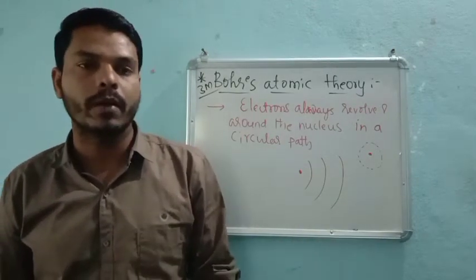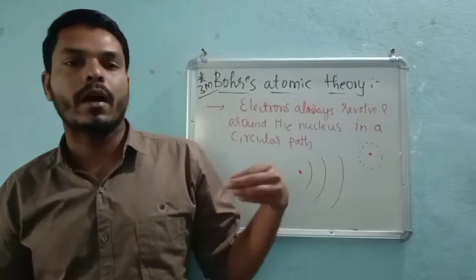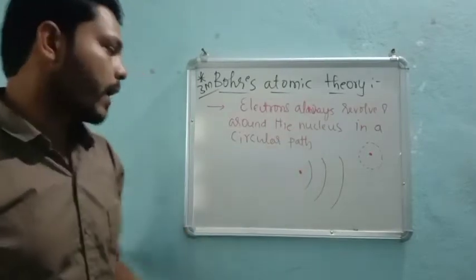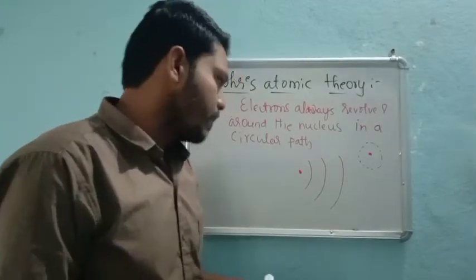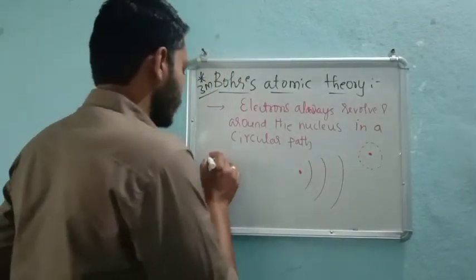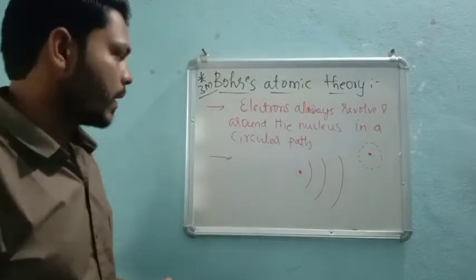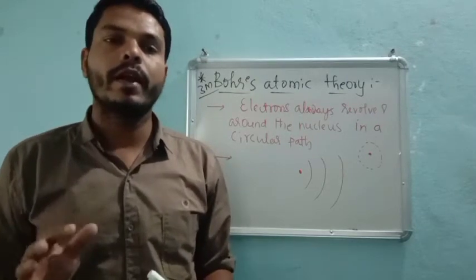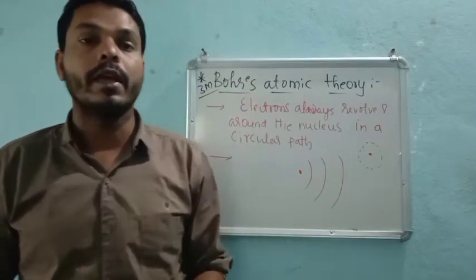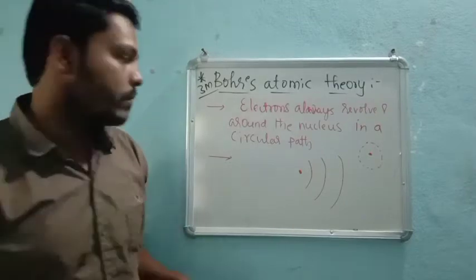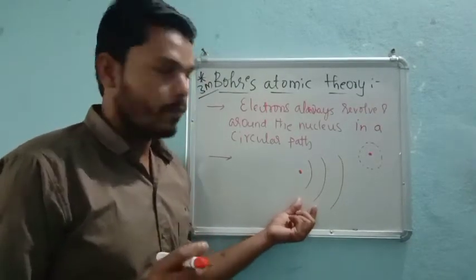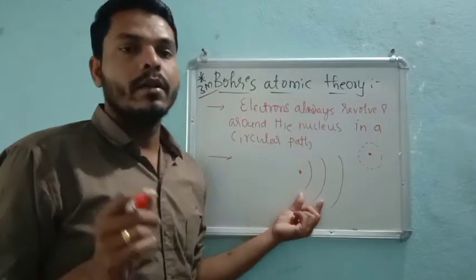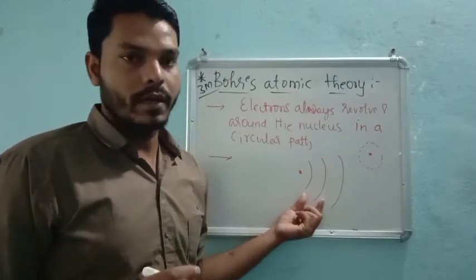If the number of electrons is more, then the shells will be extended, so we get more shells. The next point, the second point, is that each orbit is associated with a different energy. That is the energy level.